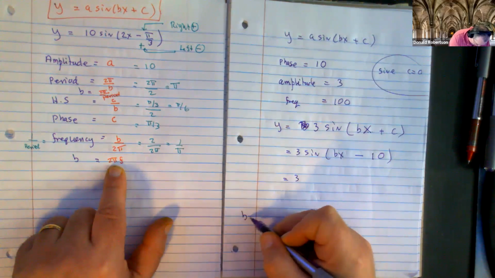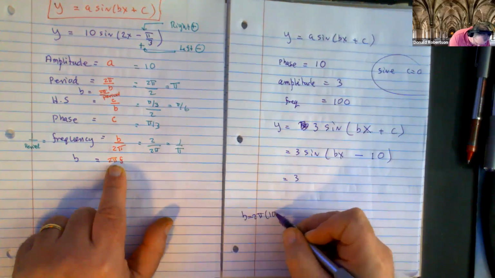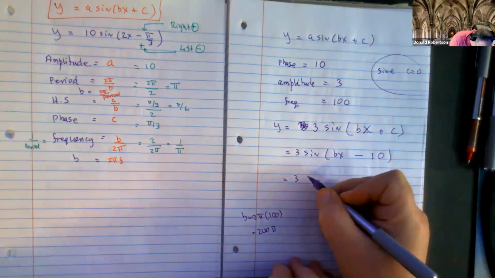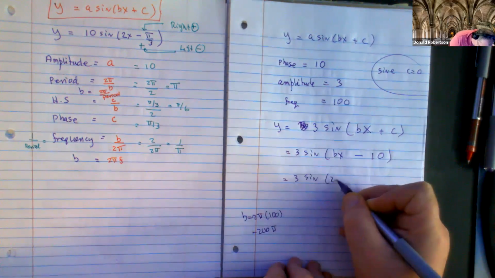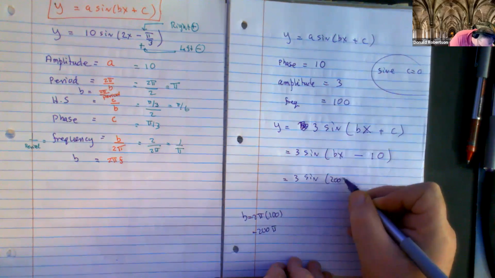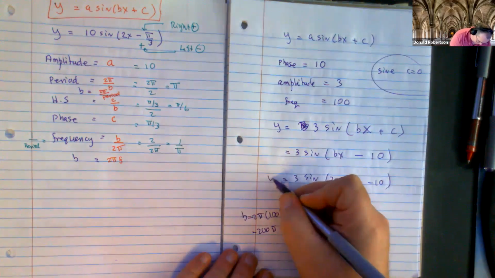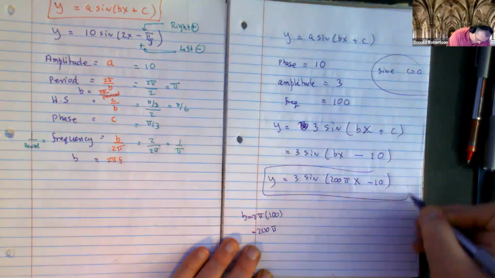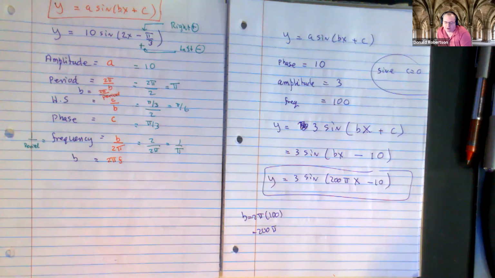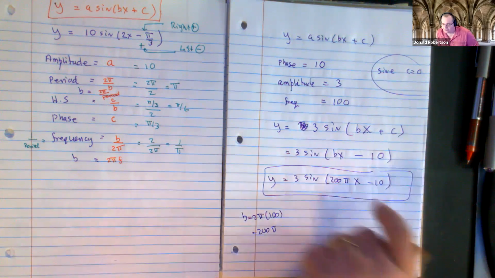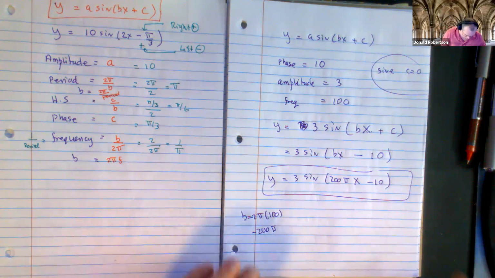So B is 2 pi times the frequency, which is 100. So that ends up being 200 pi. And there is your formula using the given information. And you could sketch that and figure out what it looks like.